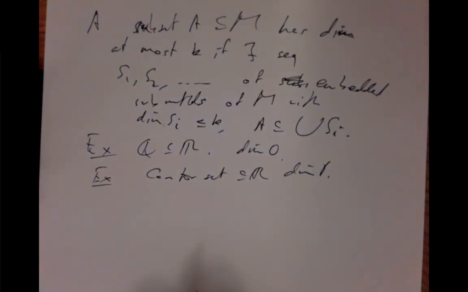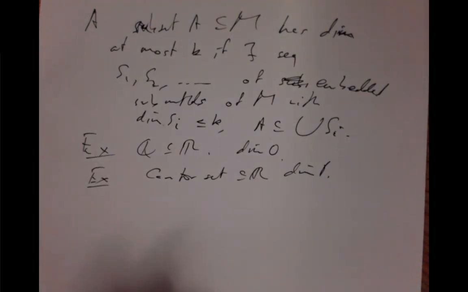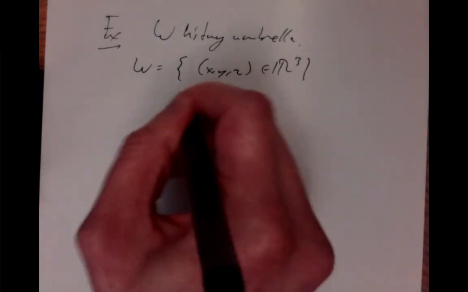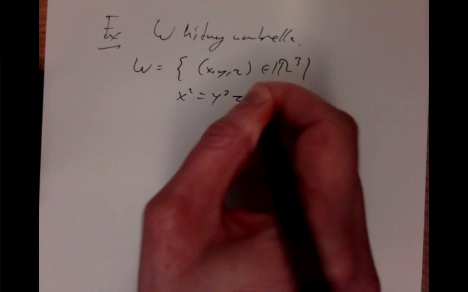The more interesting examples of these kinds of sets are the solutions of equations. Let's look at a simple example, the Whitney umbrella. I won't go into a lot of detail, but it's the set of points in three-dimensional Euclidean space satisfying the algebraic equation x squared equals y squared z.